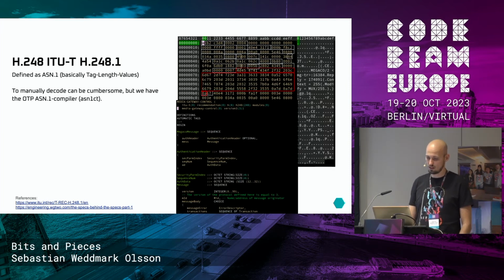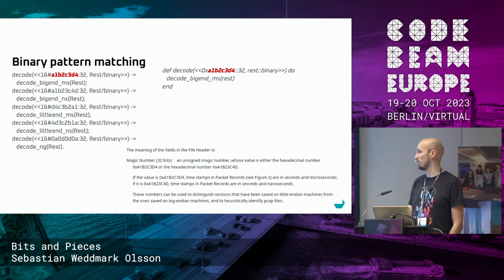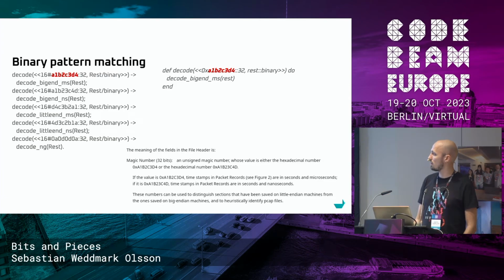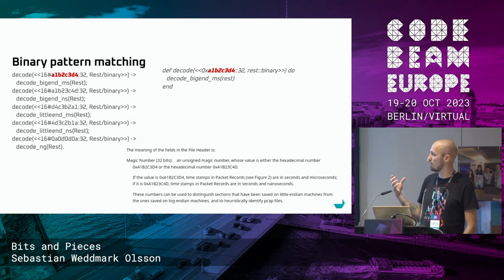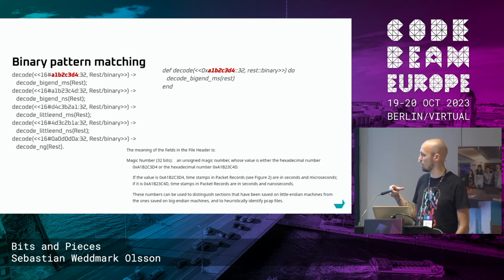Something else that is great with the Beam languages is pattern matching, of course. Everyone says this, but it's really true, and binary pattern matching as well. And here I just wanted to show that when matching, you should really use whatever format from the spec has the meaning.